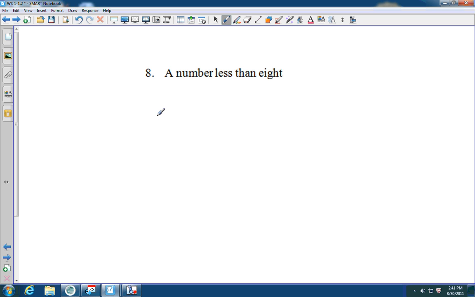There's the next one. A number less than 8. Here we go, that magic phrase, less than. We have 8 minus x, because remember, whatever this is goes towards the end because of the than. Anytime you have less than.